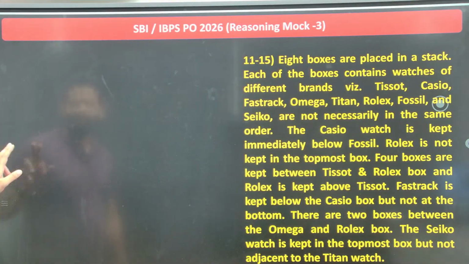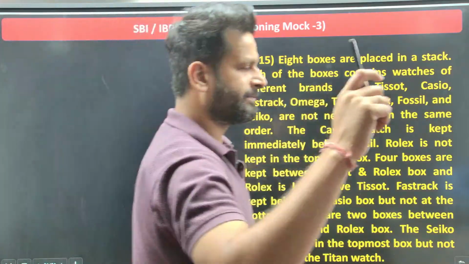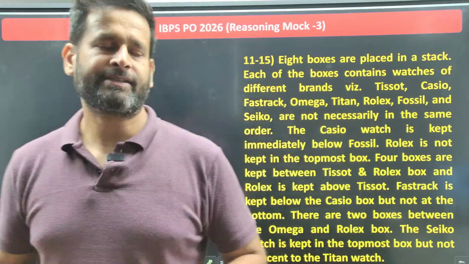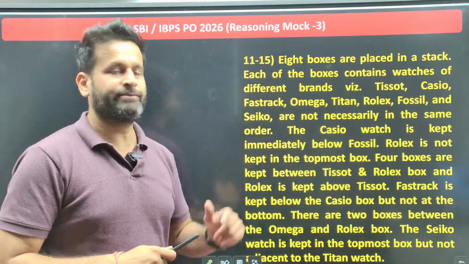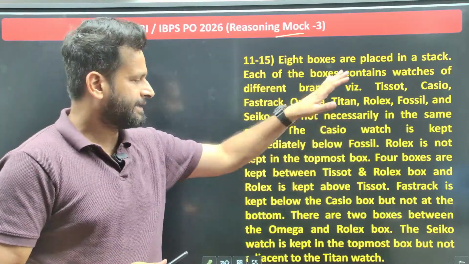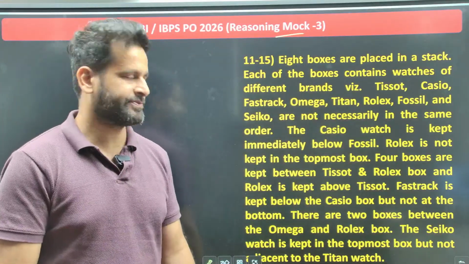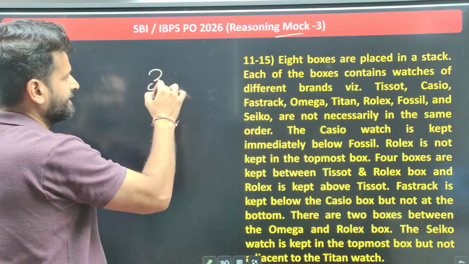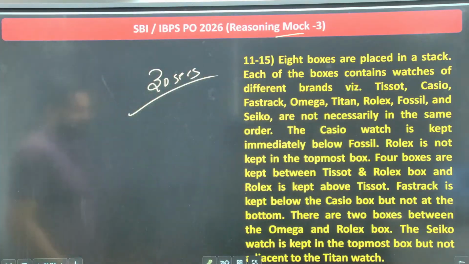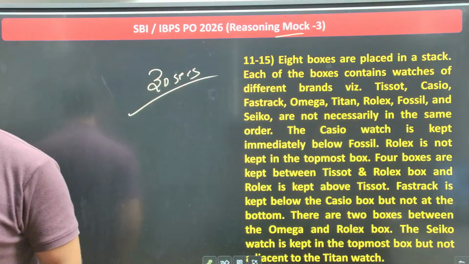Today, in the first class, if you remember, we saw floor-based questions, puzzles. In the second class, or second mock, we did circular static arrangement. Mock 3, now we are doing box-based arrangement, right? I will give you 30 seconds max to read this and solve as much as you can.